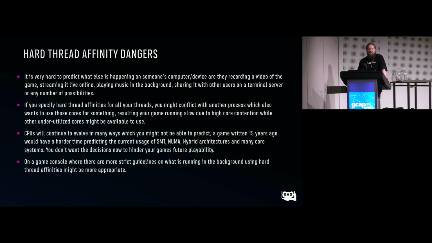Do they have a web browser open with 100 tabs? Are they live streaming the game? Are they playing some music with some complex visualizations happening? If you start specifying hardcore affinities, then you could end up potentially starving your threads or starving other processors' threads unnecessarily. You don't know how the CPU and memory hierarchies might also be different or possibly change in the future.